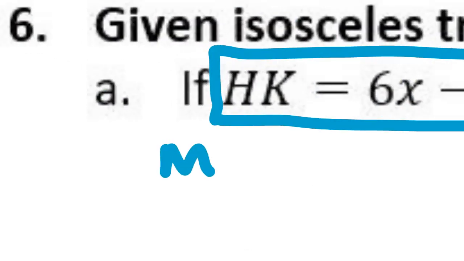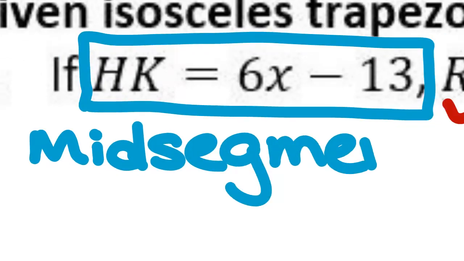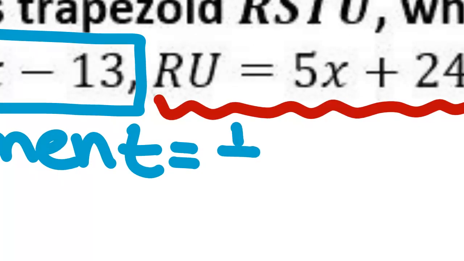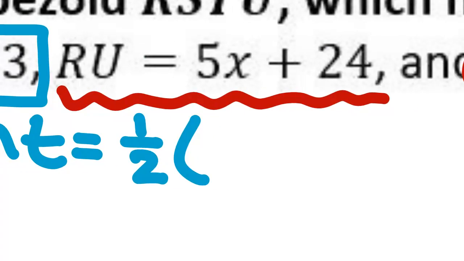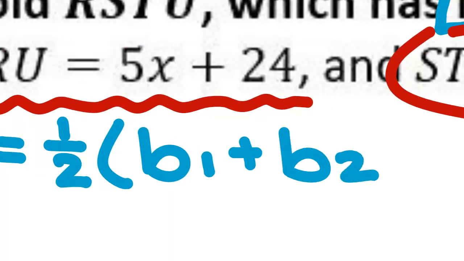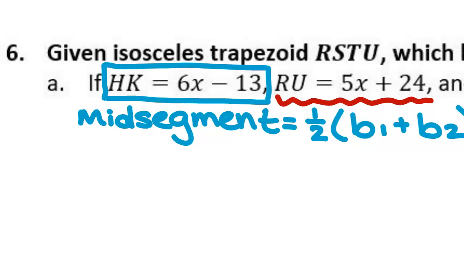And we have our formula for the mid-segment. The mid-segment is equal to 1/2 times base 1 plus base 2. All right, so let's substitute in what we know.